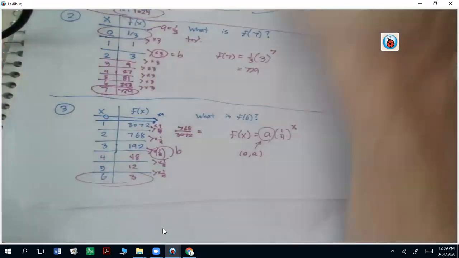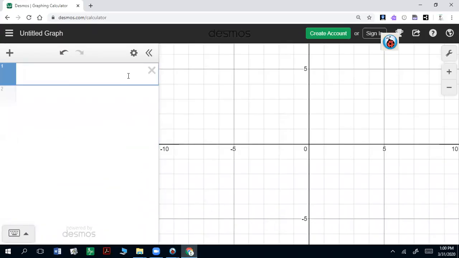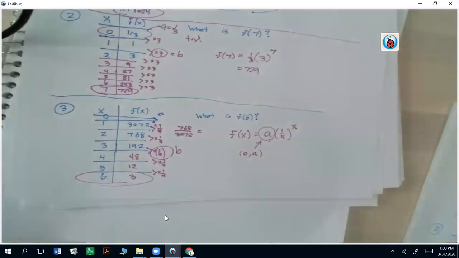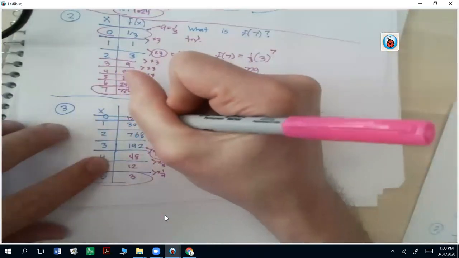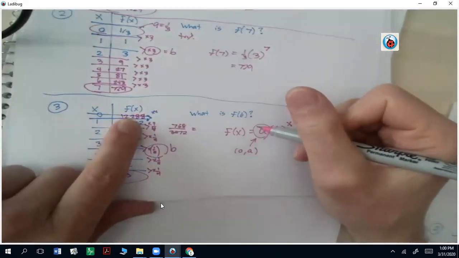So 3072 times 4 is 12,288. So that's going to be your starting value.